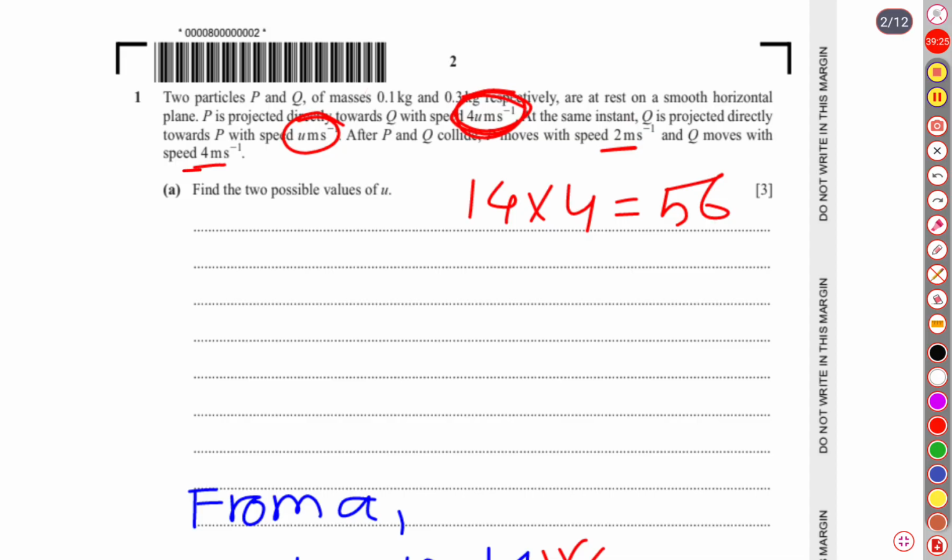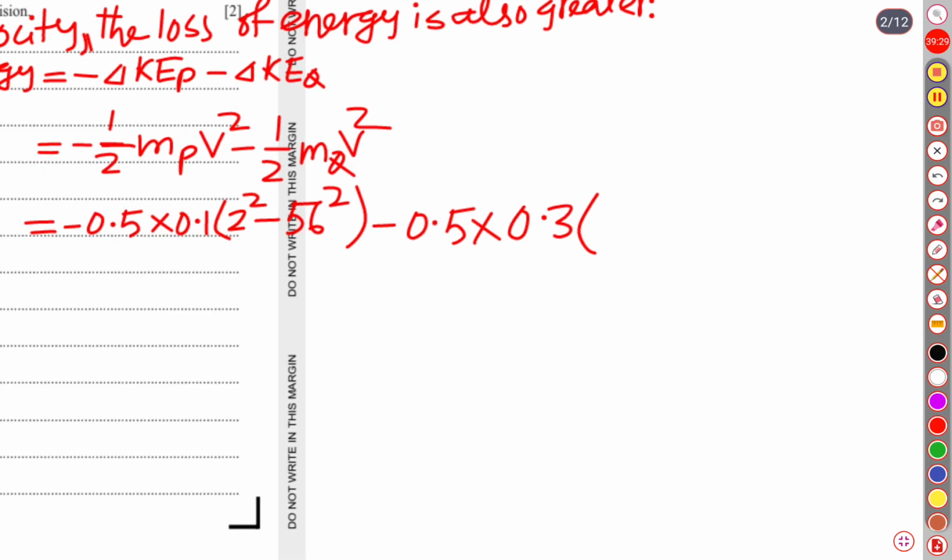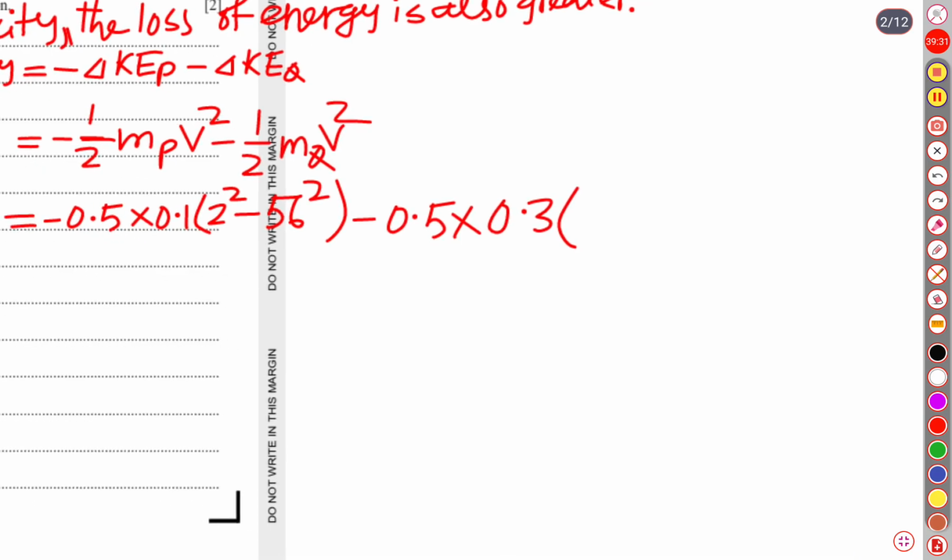Look at this, it was 4 meter per second. So it is not 14, it was actually 4. The final velocity was 4 and the initial velocity was 14 for Q. So let us write 14 square.